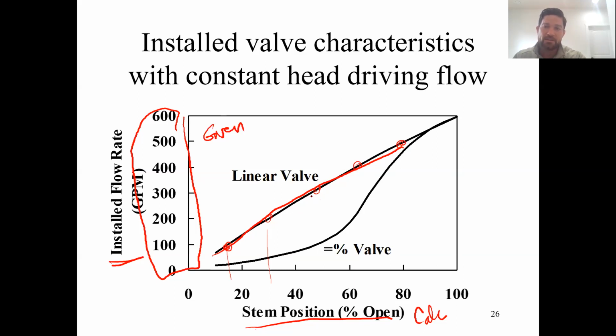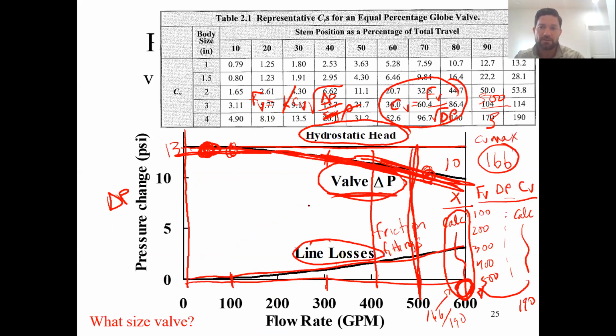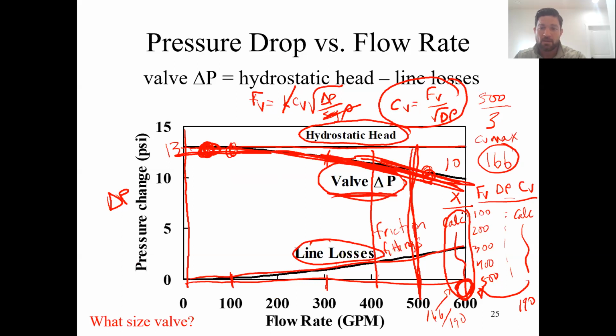If we had instead used an equal percentage valve, the process is the same, except one small difference. When we calculate the CV here, we calculated the same CV was required. Up here it was 166. This was the required CV.